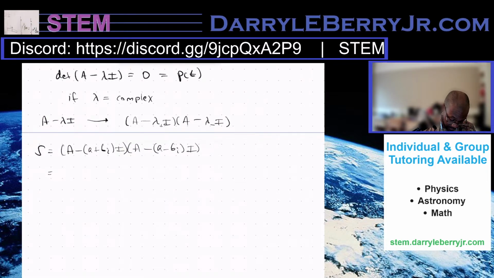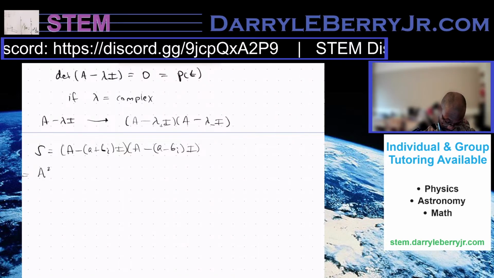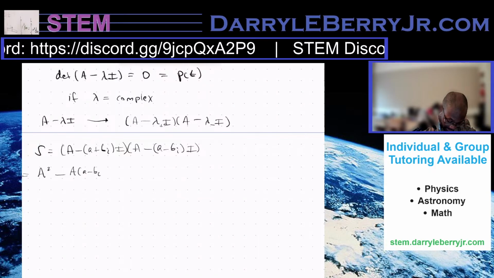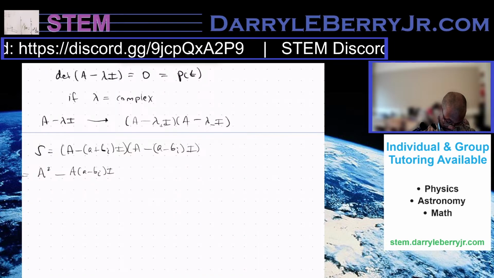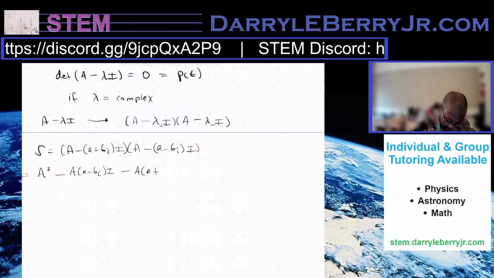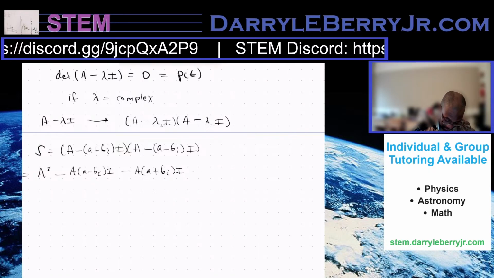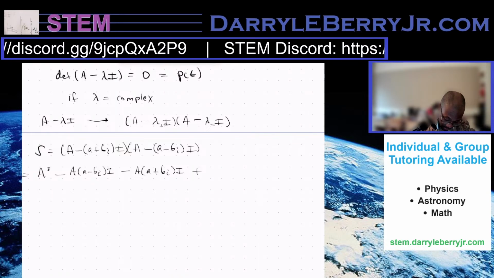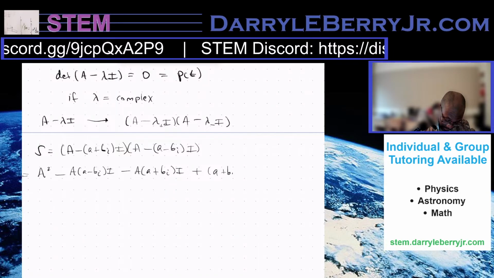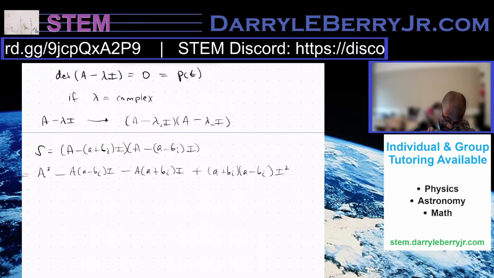So that equals a squared minus (a minus b i) minus (a plus b i), and then plus (a plus b)(a minus b) i squared.